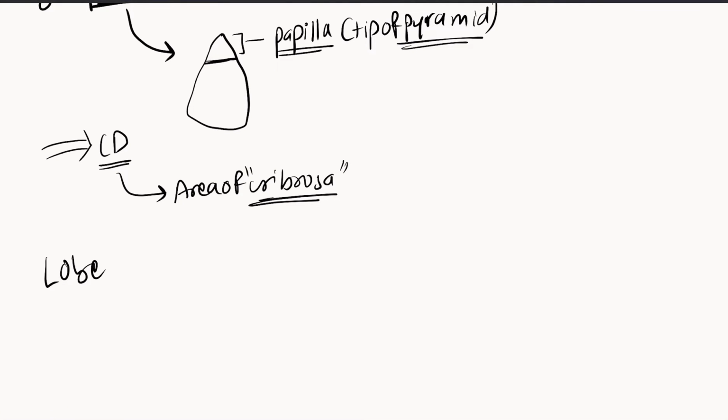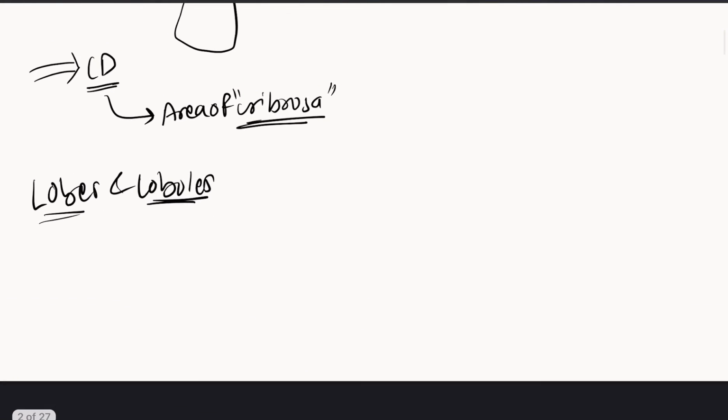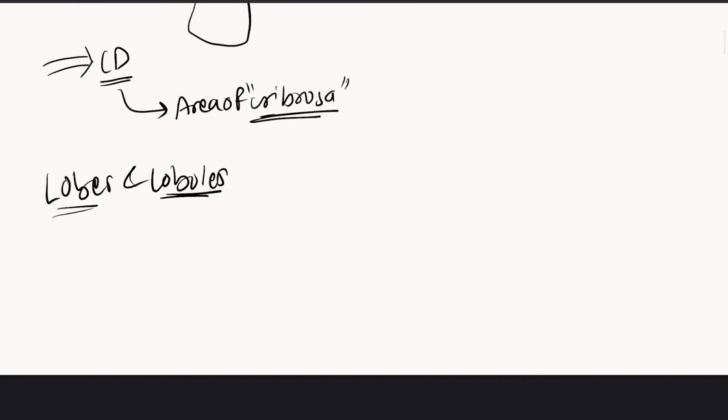What we need to know about lobes and lobules is that lobes are the number of pyramids present, and lobules are the further divided parts of lobes.